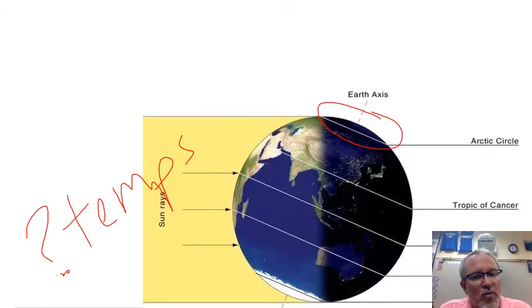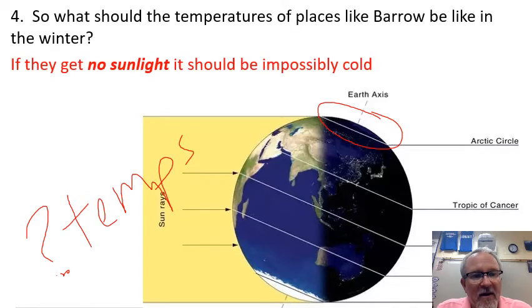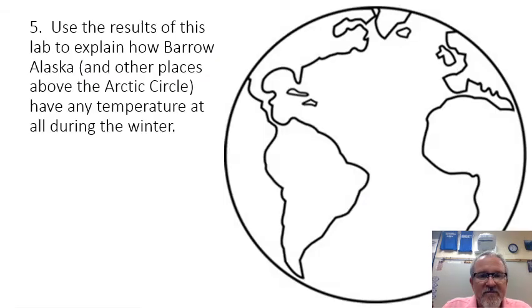You're going to be really, really, really cold. And that's what we would expect with Barrow, Alaska. It should be impossibly cold, like too cold to even live there. Because if you don't get any sunlight, how can you have any kind of temperature? But that's not the case. People in Barrow, Alaska do live there, and it actually isn't as cold as you would think, even when they don't get any of the sunlight.